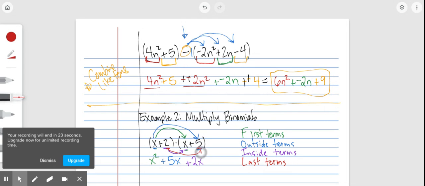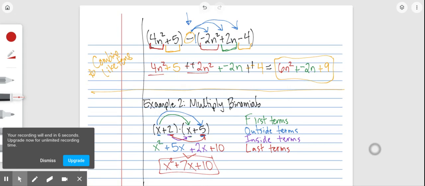So 2 times 5 is 10. Then I've multiplied this polynomial, and I can combine like terms. So this becomes x squared plus 7x plus 10. And this is my multiplied form of those two binomials by using the FOIL method.